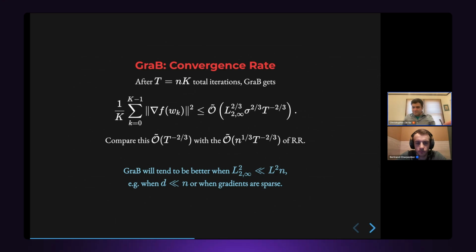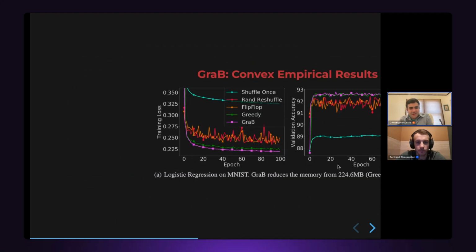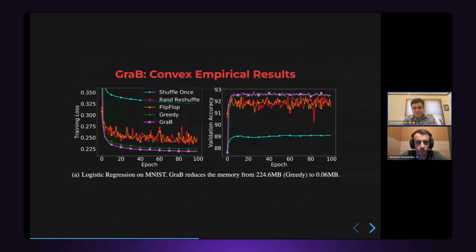Although it turns out that this can be improved, and there's some nice follow-up work that basically dropped the need to have this annoying L infinity constant. But rather than go into that, I'm going to show some empirical results.